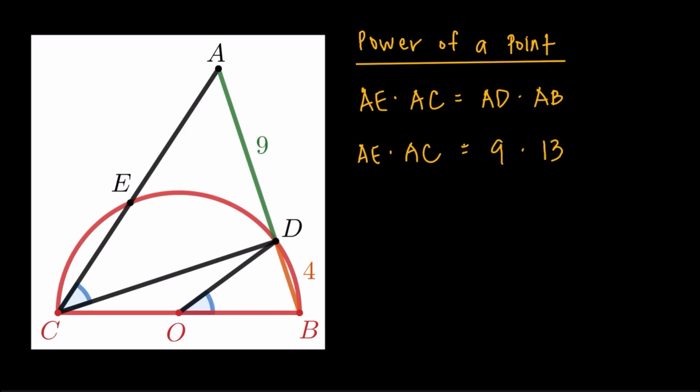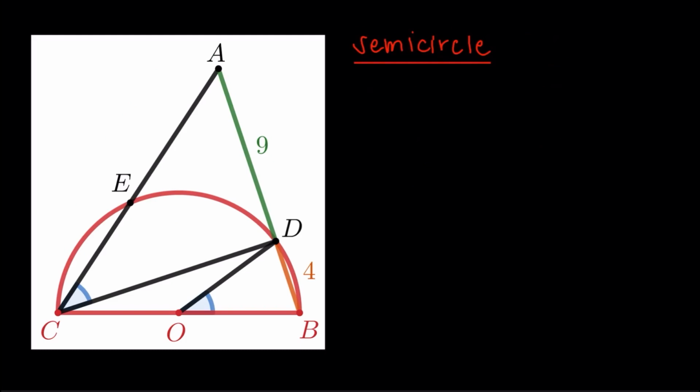So before we can know what AE is, we have to know what AC is first. Now, take a look at AC, and we try to see, well, how can we deal with AC? Because of the properties of the circle over here, we should be able to switch our attention to finding AC. Now, we do have a semicircle here, and it's technically half of a circle.